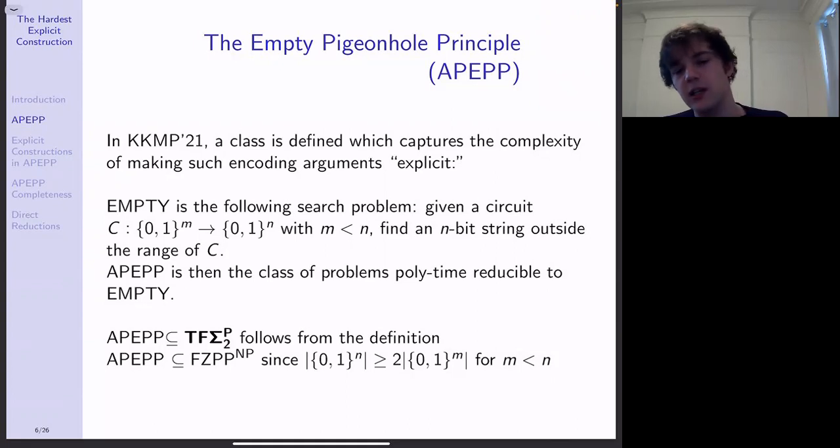More specifically, we can show that this lies in a class we'll call FZPP to the NP, in other words, it has a zero-error randomized algorithm with an NP oracle. The idea is that we choose a string in the codomain uniformly at random and then test, using an NP oracle, if it has a preimage. Since the codomain is at least twice as large as the domain, the probability that we guess a correct answer is at least a half.